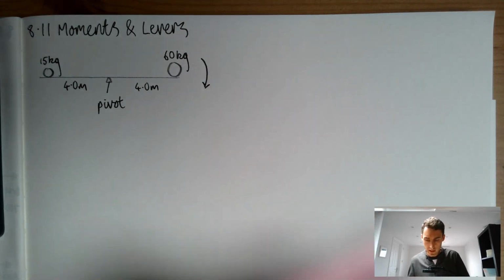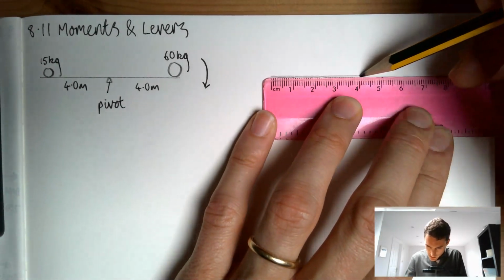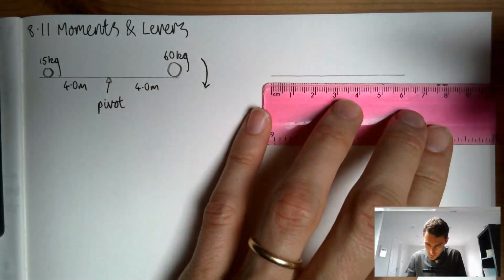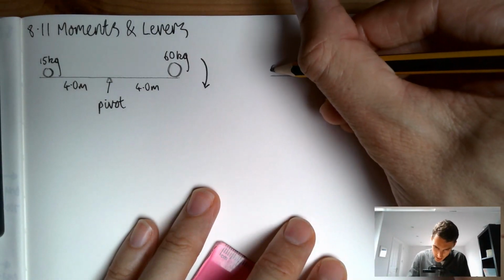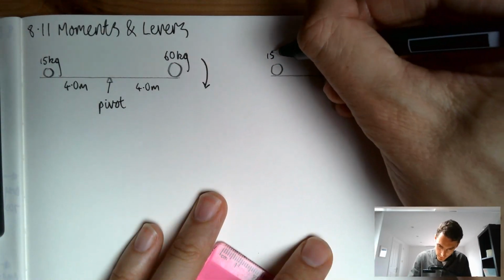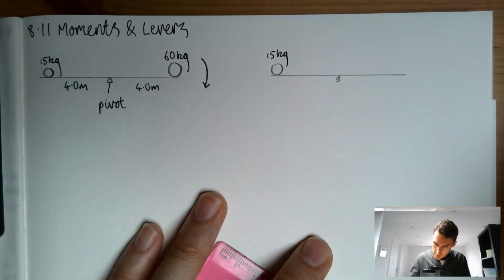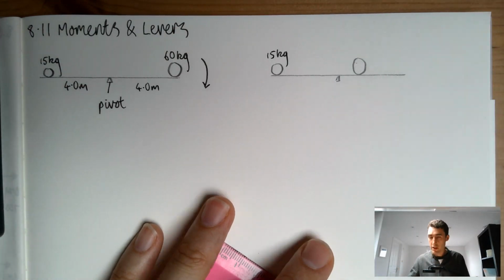So what we're then going to think about is, I decide I want to balance the seesaw with my son. So I'm going to draw the pivot in the middle there. My son is going to stay at 4 meters. He's 15 kilograms. And I'm going to move along here. Now I'm just going to move like I would do in the playground.